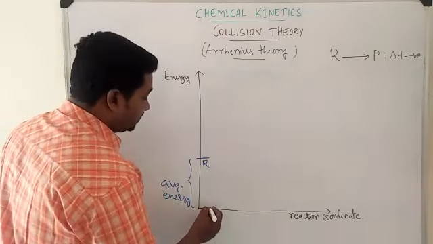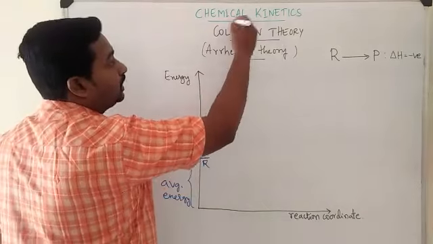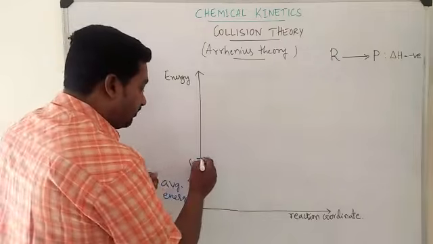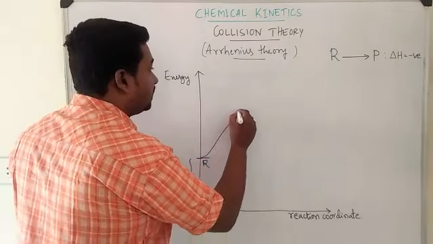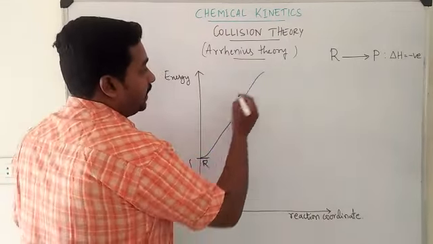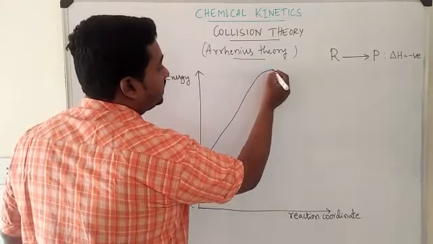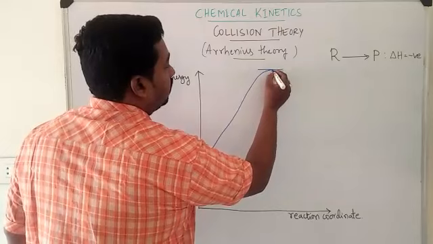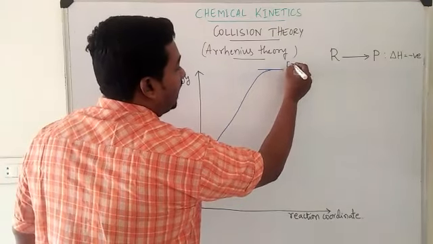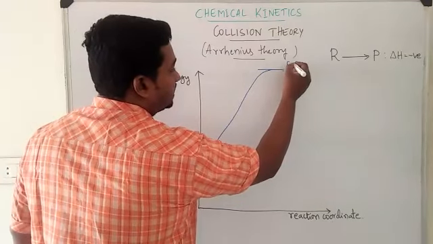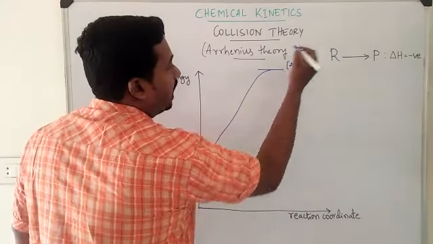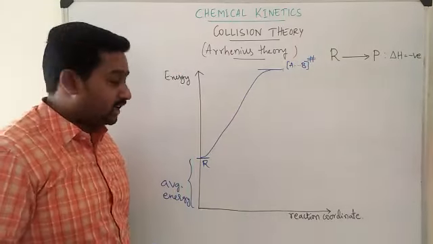Further, as the energy is increased due to collision, when reactant molecules collide with each other, there will be an increase in the energy of reactants. And that energy increase reaches a maximum state where the formation of the activated complex happens. Let's say A and B are the reactants; they form a higher energy activated complex.